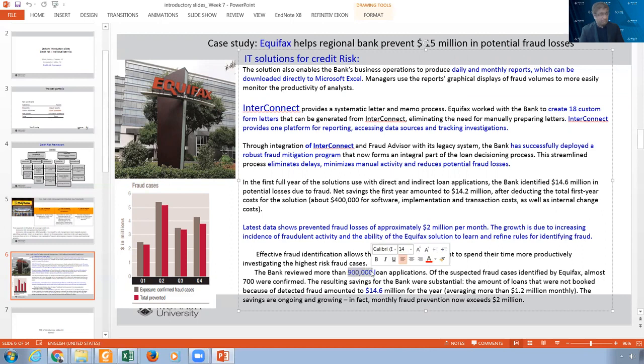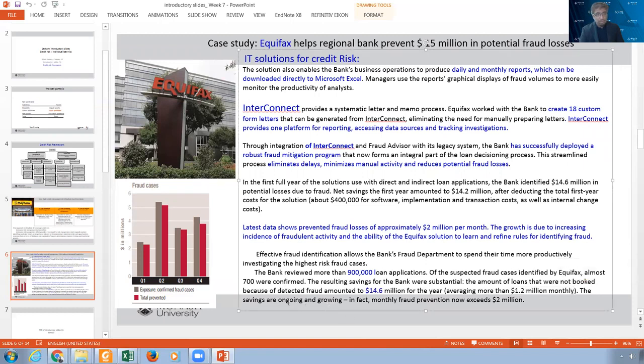This is only by the system, before they give it to the management. They found a fraud of 14.6 million, which means around 1.2 million monthly. This is a fraud of loans.